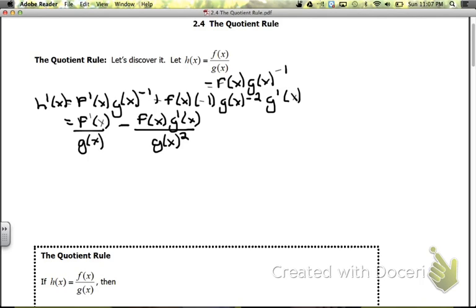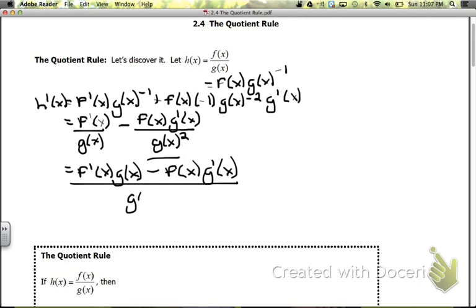Find a common denominator, which obviously is going to be our g of x squared. So I need to multiply our first fraction here by g of x. So this is going to be equal to f prime of x times g of x minus f of x times g prime of x all over g of x squared.